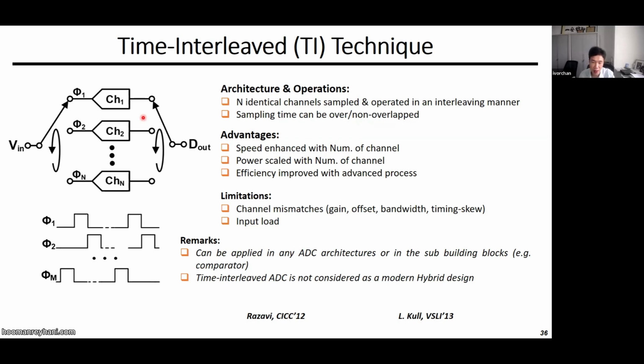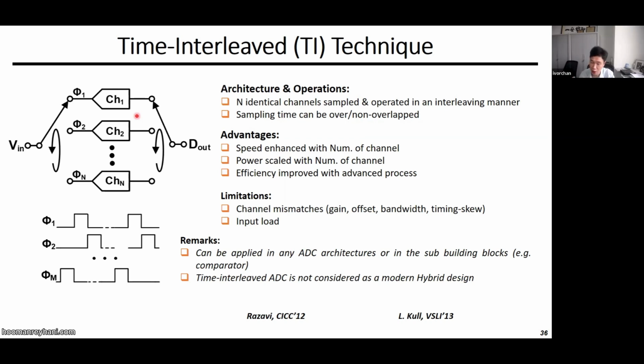Finally, it is effective with advanced technology. The reason is that with advanced technology, the channel area is smaller so that you can have a more compact interleaver architecture with better efficiency for high speed.